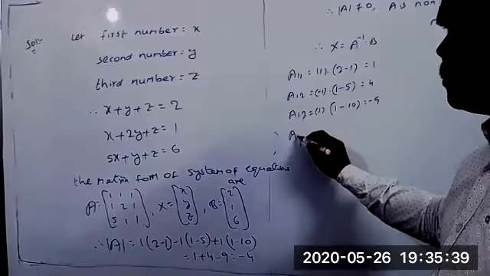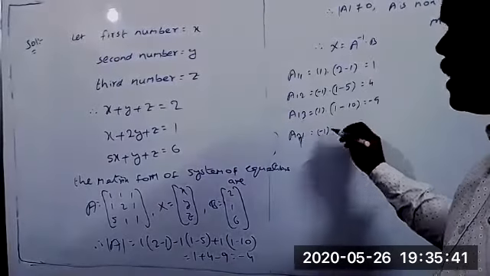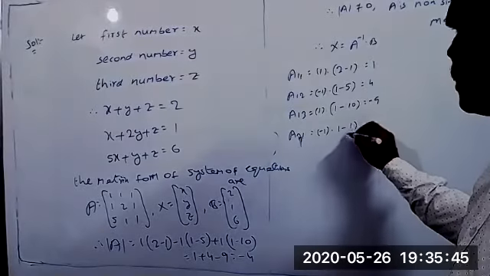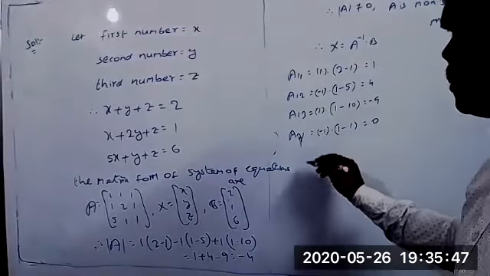A21 equal to minus 1 into (1 minus 1), it is equal to 0.